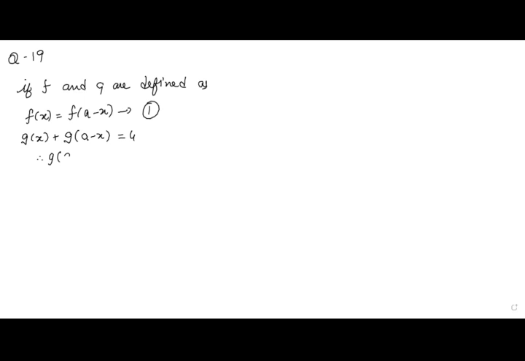So I can write g of a minus x as 4 minus g of x. Give this as 2, we will use this equation.